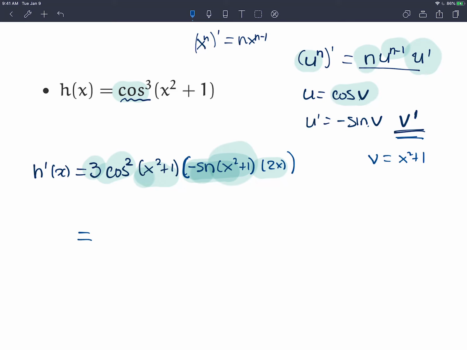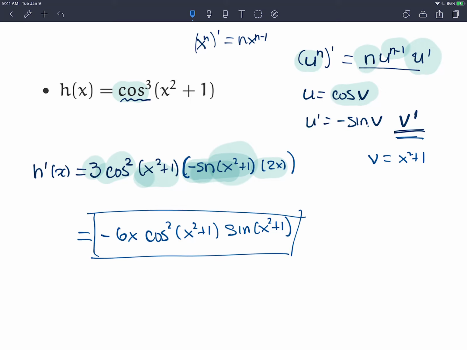I should not leave it like that, since this is not simplified. So I should write negative 6x cosine squared of x squared plus 1 times sine of x squared plus 1. So this is the derivative of the function we had. Okay, so this is a nested chain rule, and it's a review of basic derivative rules that I hope we keep in mind for the rest of the quarter.